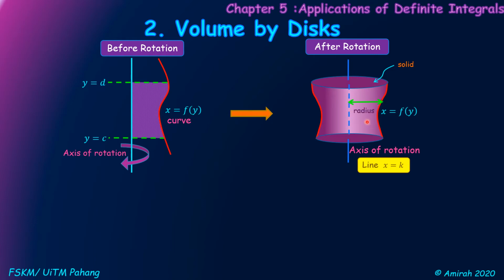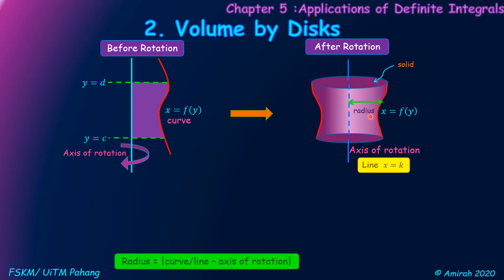The distance between the curve and the axis of rotation is the radius, and the radius equals curve minus axis of rotation. Since the radius is a distance, we write it in modulus sign.